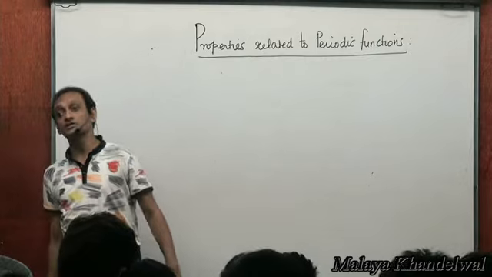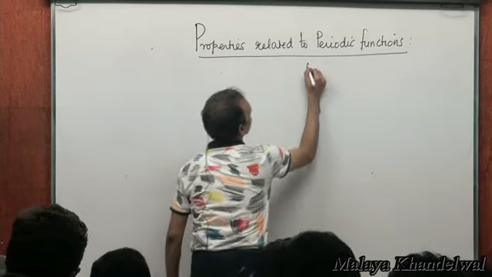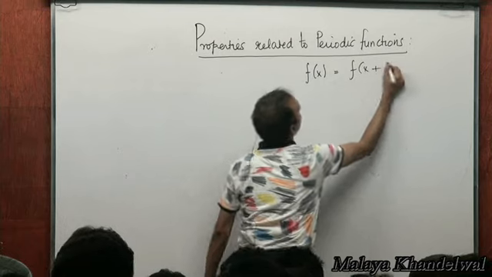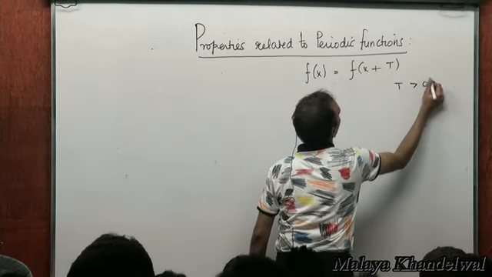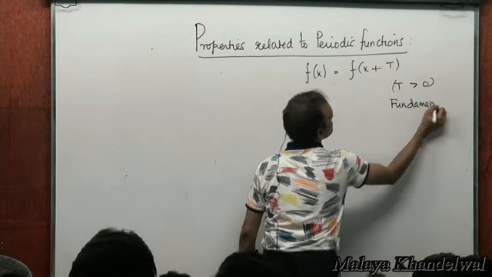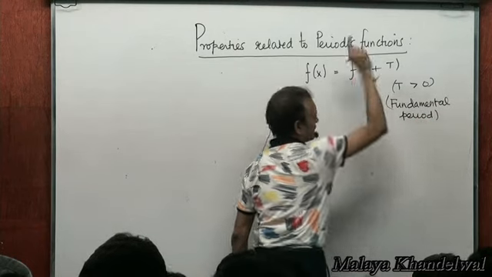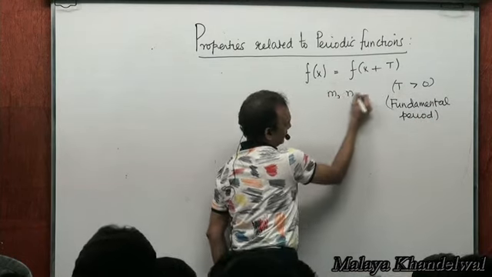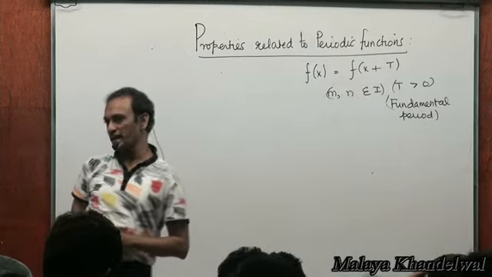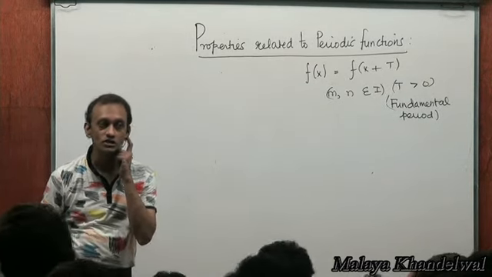Let's look at some properties related to periodic functions. All right. That means I have a function f of x, which is f of x plus T. T is the fundamental period of the function. And in my discussions, I will use m and n as integers. So I'm not going to state that, but m and n would be treated as integers in this discussion, right?